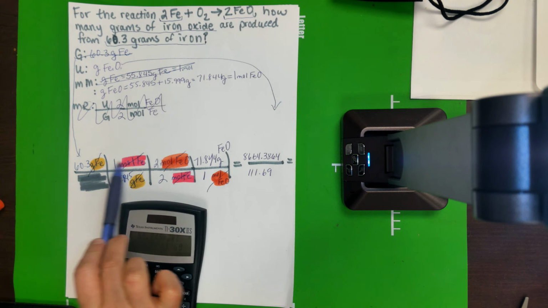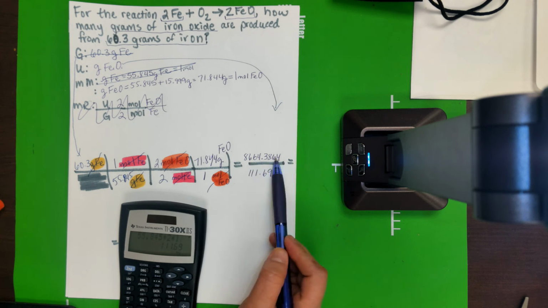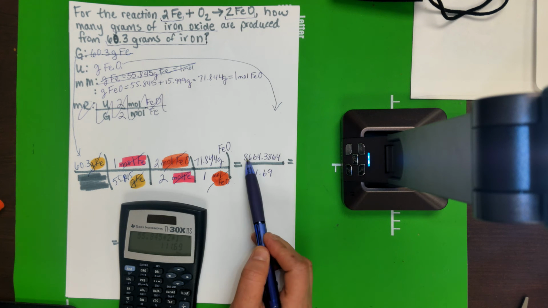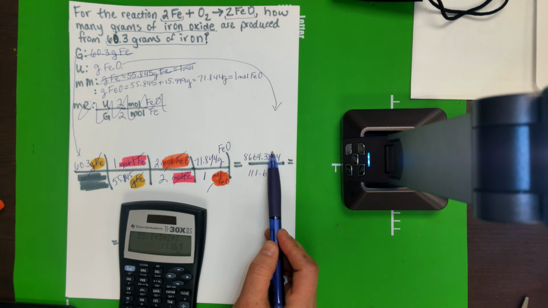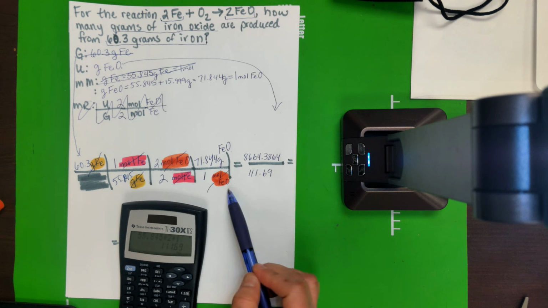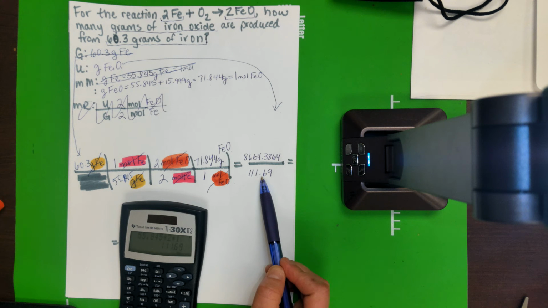But all I did is multiply the top, then I multiplied the bottom. You're welcome to round it to make it shorter. I could just put 8664, but I decided to use the whole number. And when I multiplied the bottom, it gave me 111.69. You could also put 112, just as long as you match your closest number to your answers.